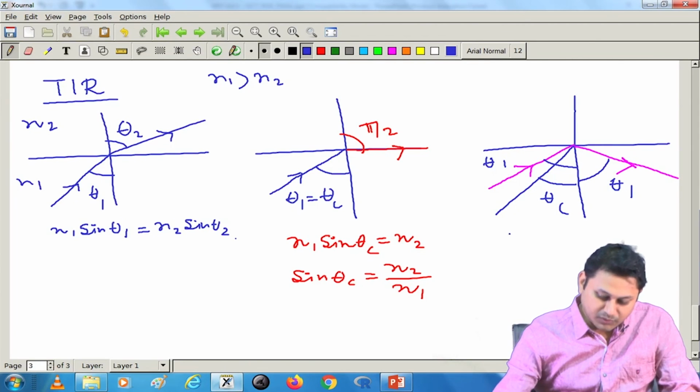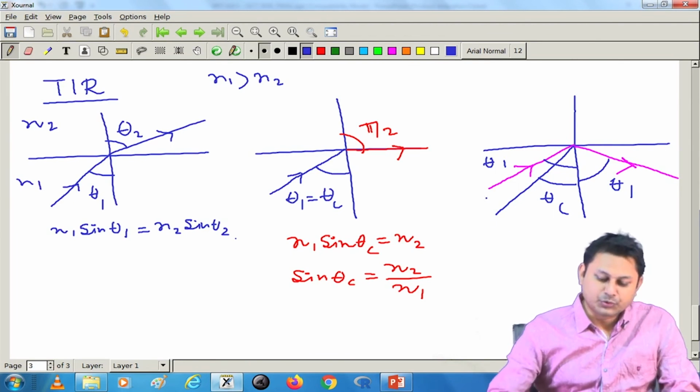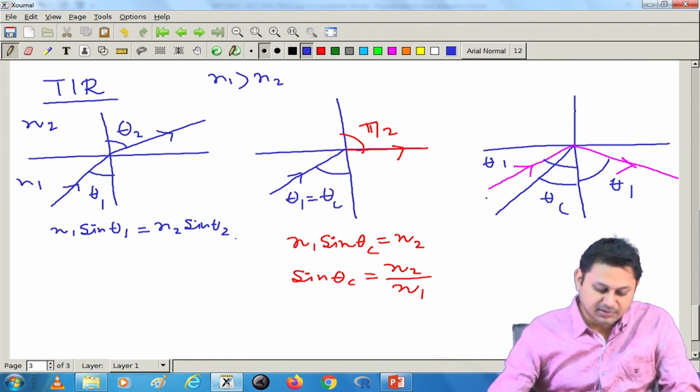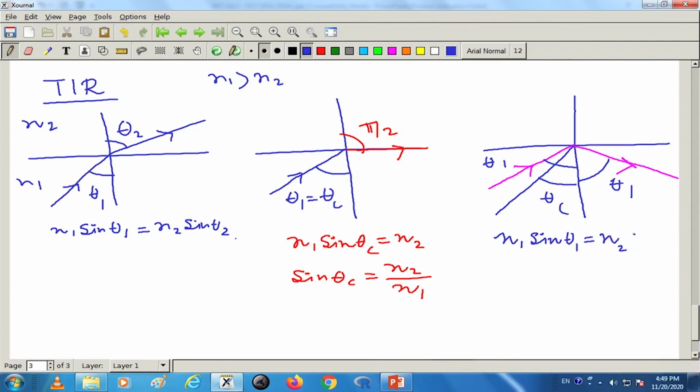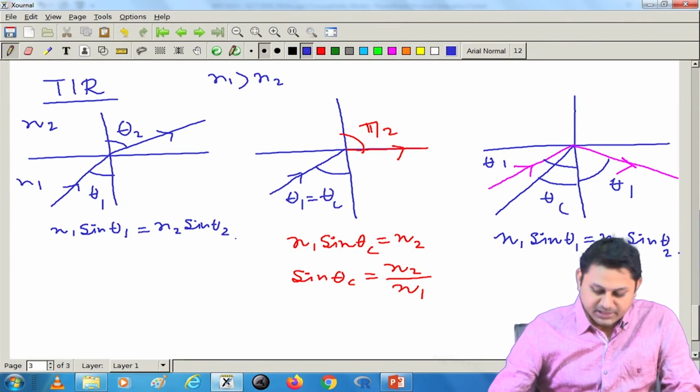So, here also in principle, since this Snell's law is coming through the boundary condition, the equation n1 sin theta 1 equal to n2 sin theta 2 should be valid, and if it is valid, then we are going to see in the next class that the angle theta 2 will be giving us an imaginary value.